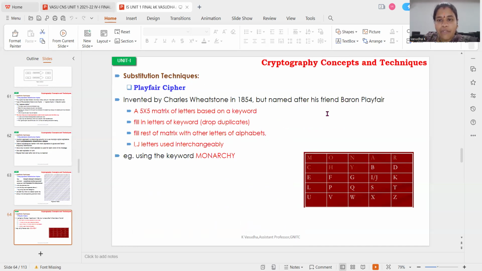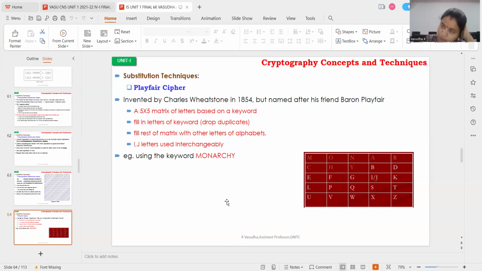It is named after Baron Playfair, and it was invented by Wheatstone in 1854. Let us go through the methodology of how the substitution is done using Playfair cipher. Here, every time a 5 by 5 matrix will be taken.